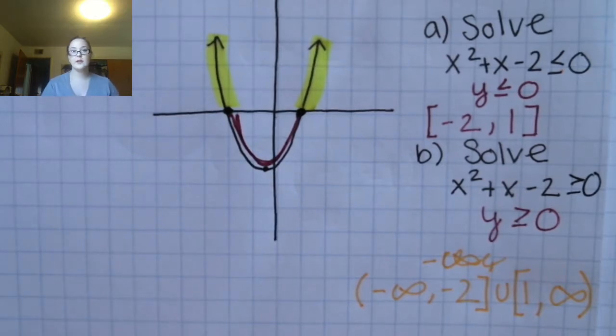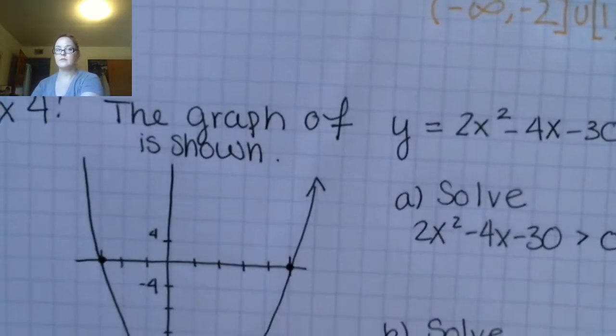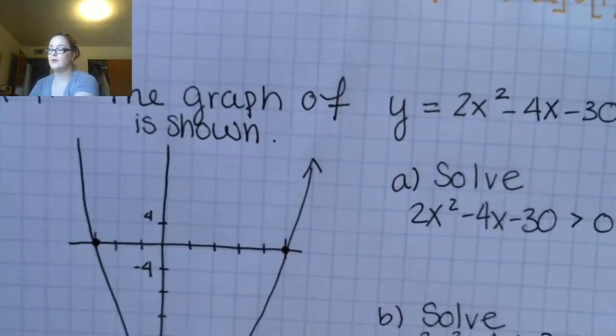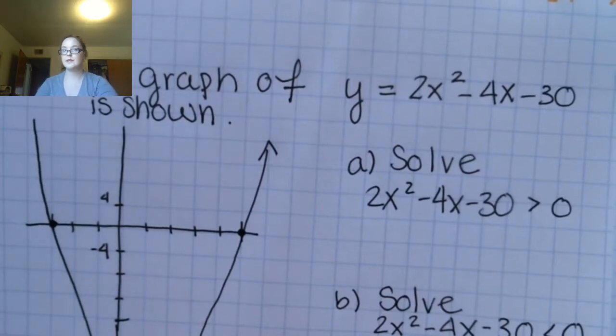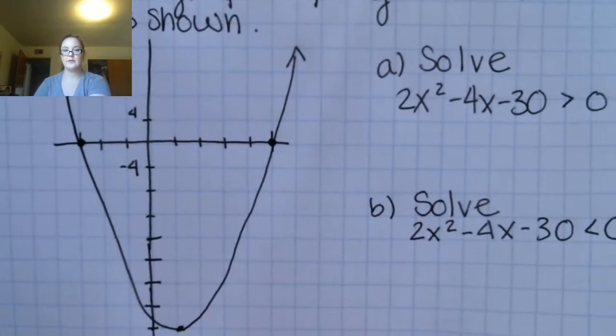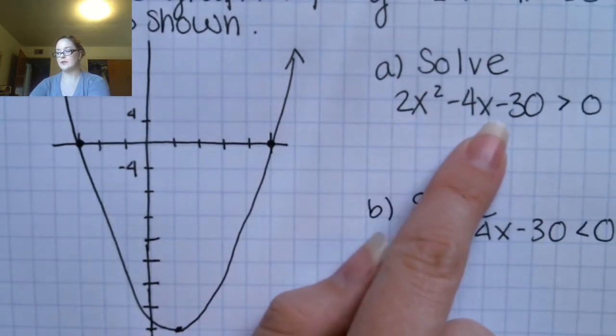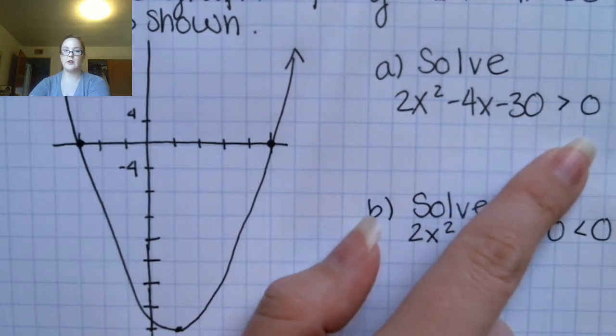Let's look at another graph like this. It says the graph of y equals 2x squared minus 4x minus 30 is shown. So here's that graph. And we are supposed to solve 2x squared minus 4x minus 30 is greater than 0.